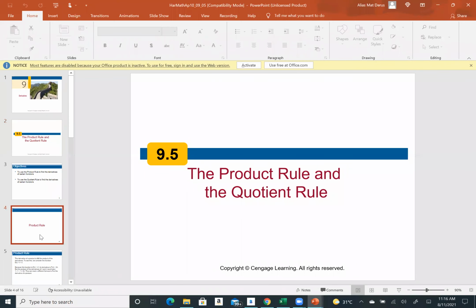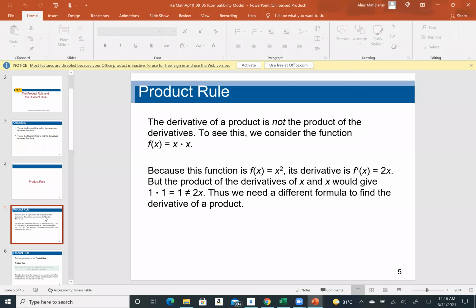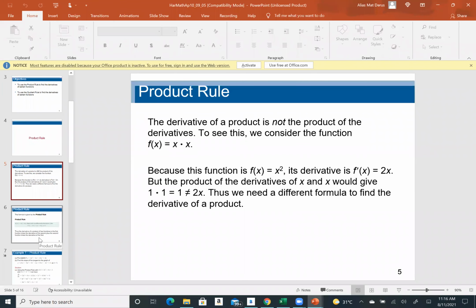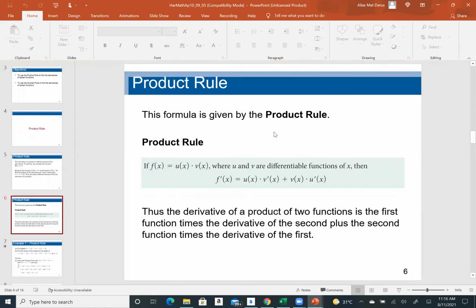Now, product rule is this. You have 2 terms in x. They are multiplied to each other. So something like this. I have f of x equal to u times v. u is a function of x, v also a function of x.